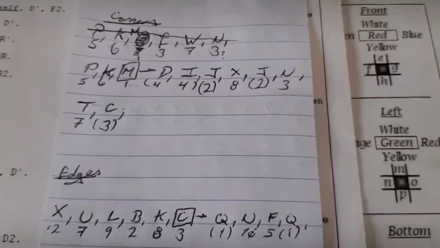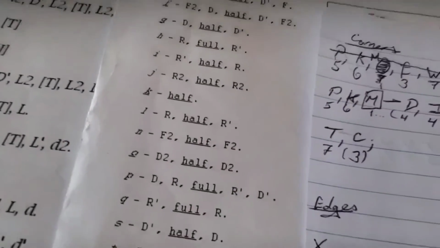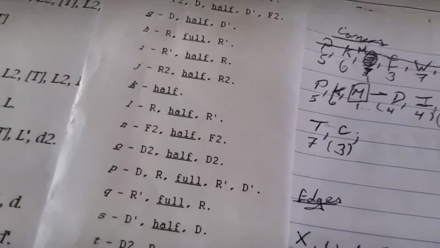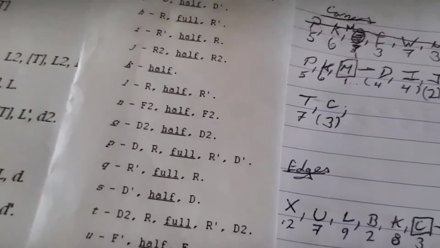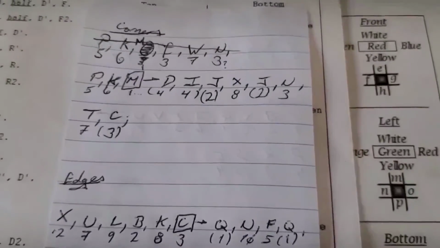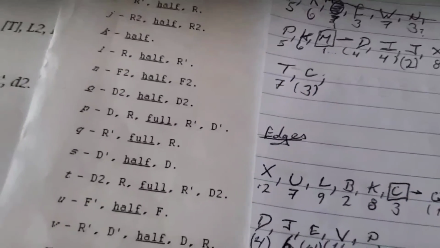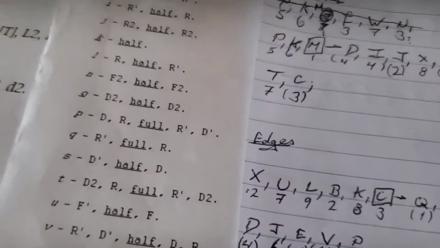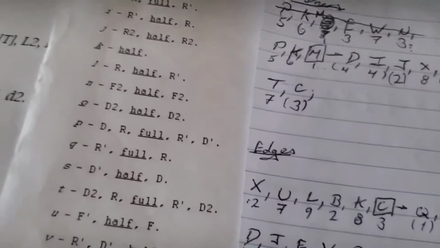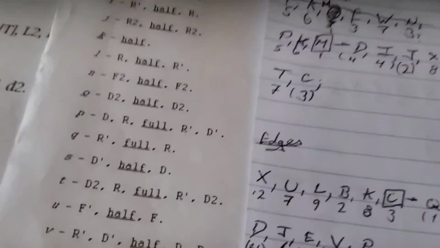R2, followed by another J, which is R2, and then R2. And then we have N, which is F2 followed by half, and then F2.